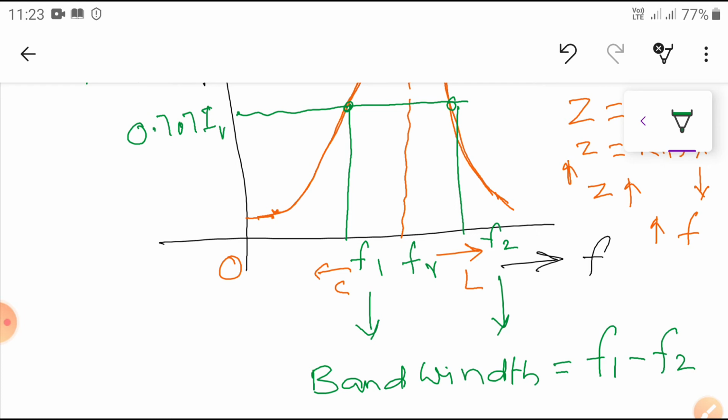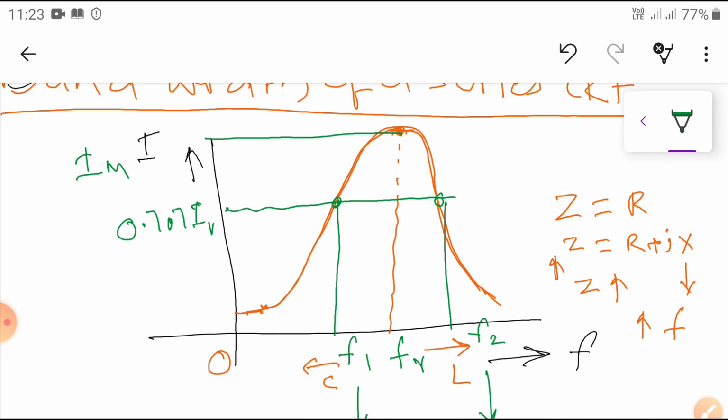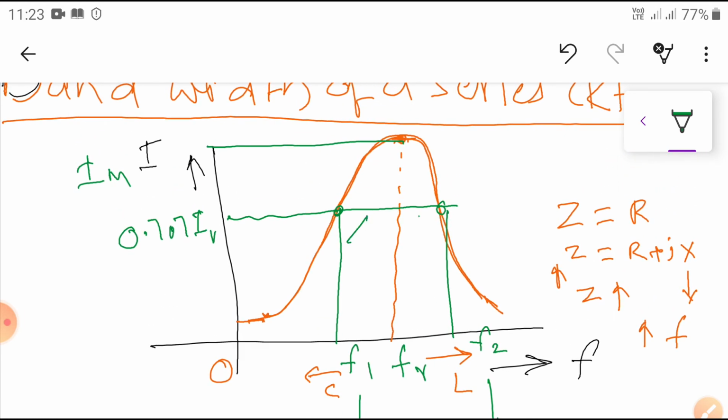The bandwidth represents the frequency range at which the circuit offers a low impedance to the current. Okay. So, these are a few points regarding this. So, this is the bandwidth, the resonance frequency, and the lower and higher cutoff values.